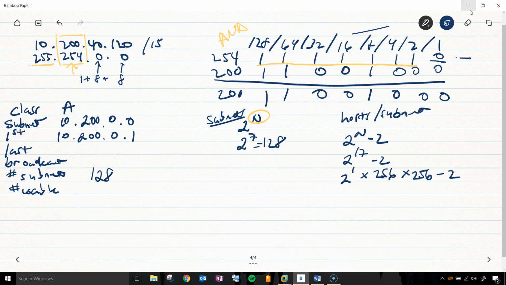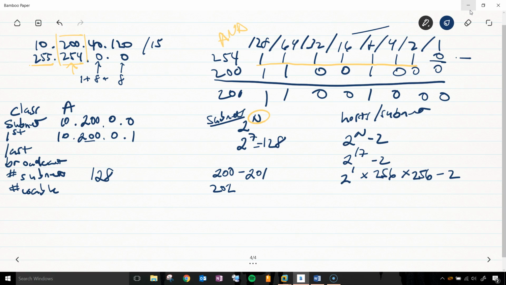Unless you want to know the total number of usable hosts, you don't actually need to figure that out to figure out what the last address is. I'll show you what I mean. So 10.200.0.1, we know that this is where the subnet is split. We know that 2 to the power of 1 is 2. So if we take 200 and add 2 to it, it's 202, minus 1, 201.